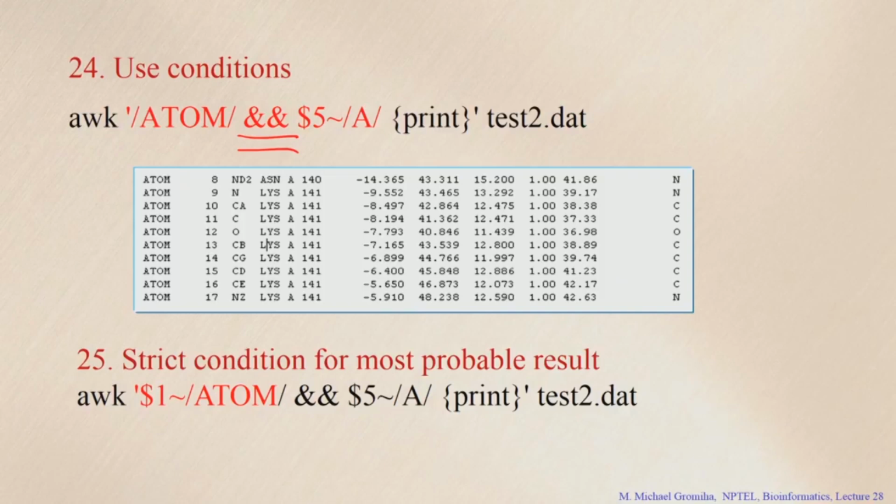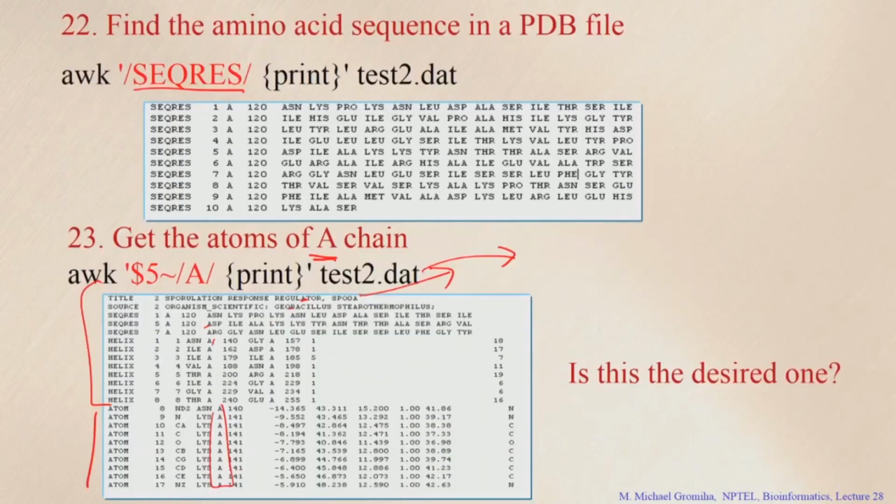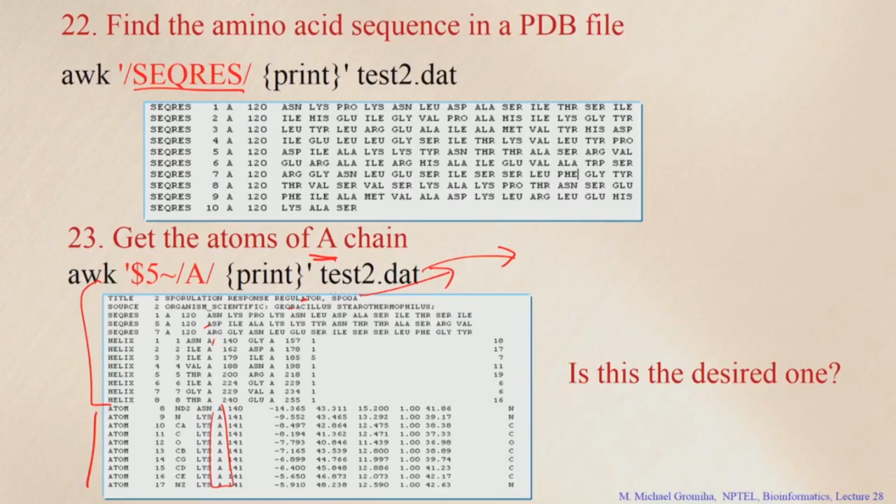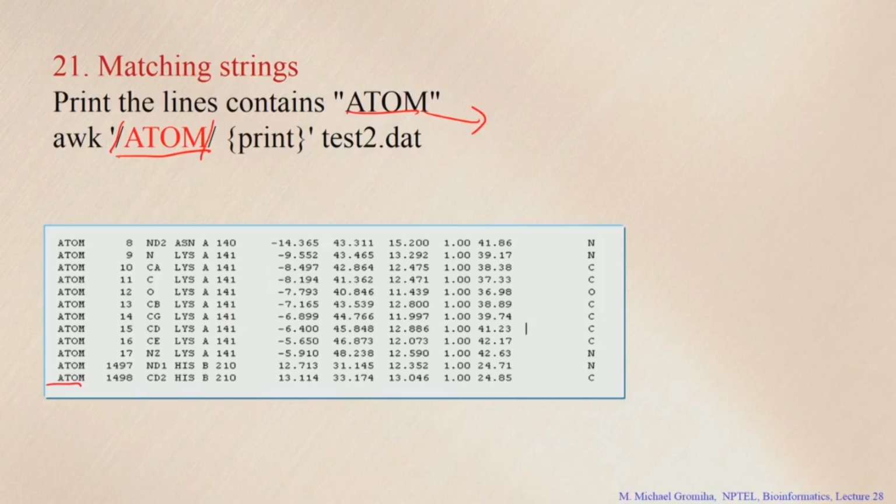So, here we are taking two conditions. Last time in the fifth column we mentioned this contains A. Now, we are giving the restriction that it should start with A. If you give only that the fifth starts with A, you can eliminate this, you can eliminate this, but this one starts with A, right. Fine.